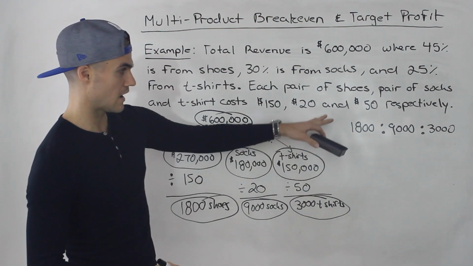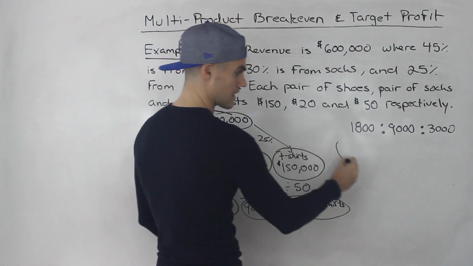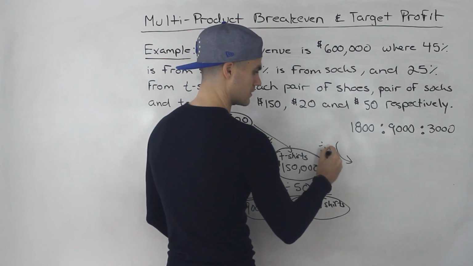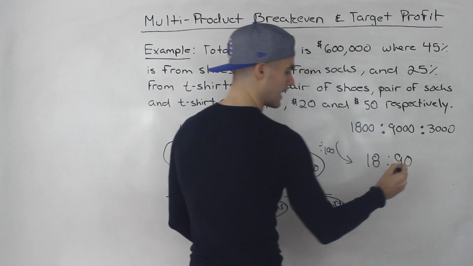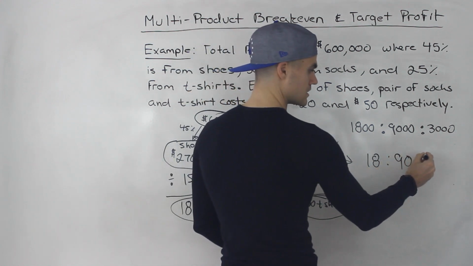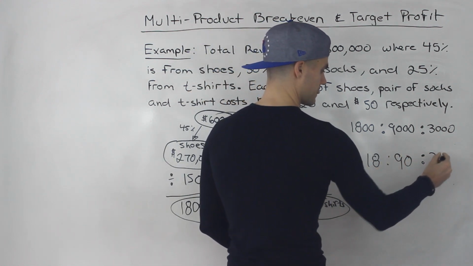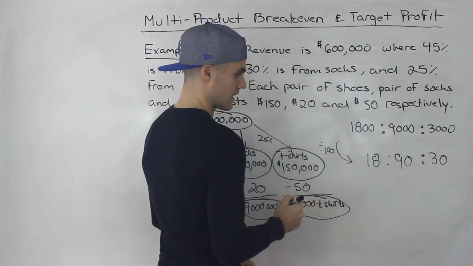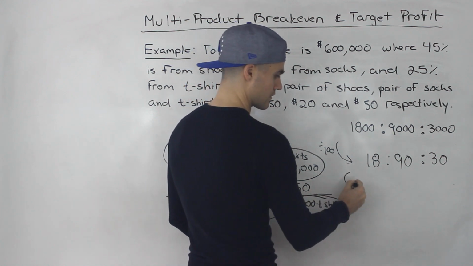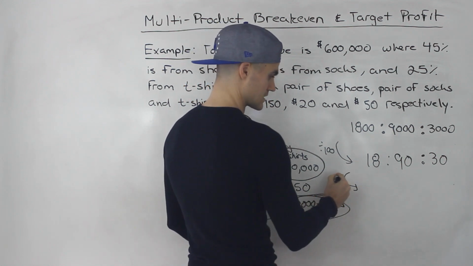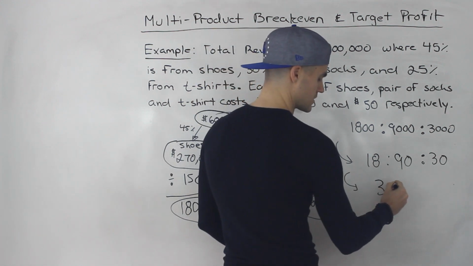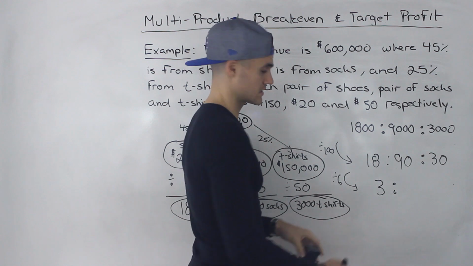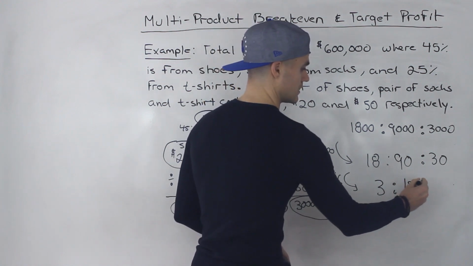So notice we could divide everything by 100. So we'd have 18, 90, 30. And then what? We could divide everything by 6. 6 works, right? So 18 divided by 6 is 3. 90 divided by 6 would give us 15.